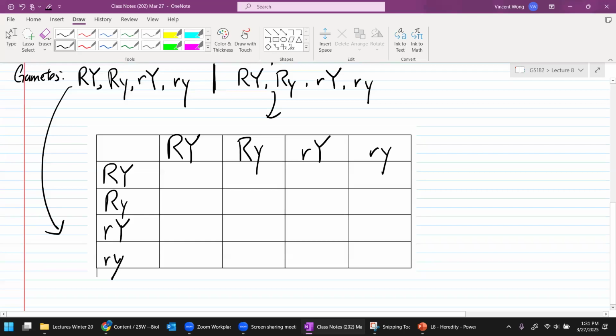The R's together and the Y's together. You're fine, you're good, you keep going, yeah. This is good because you have the R's together and the Y's together, you have to put the R's and the Y's together, that's okay.